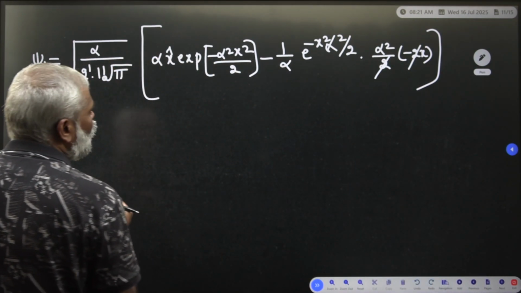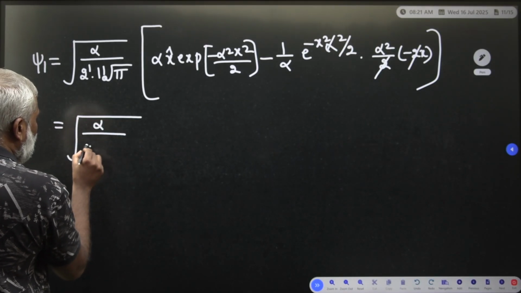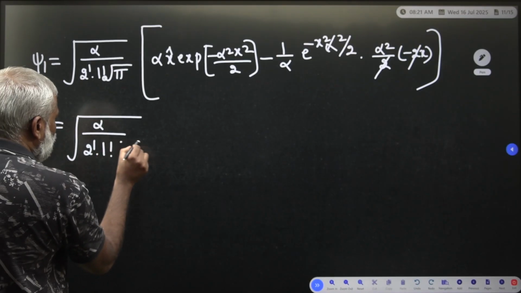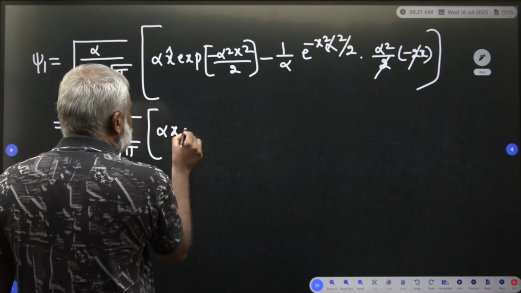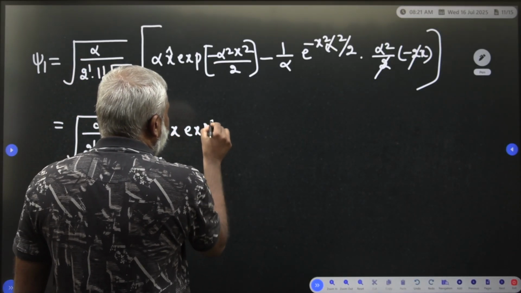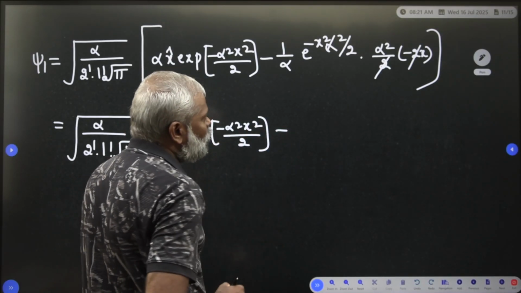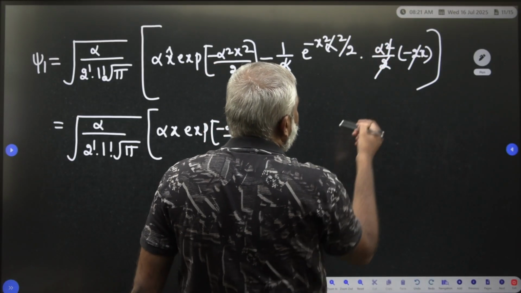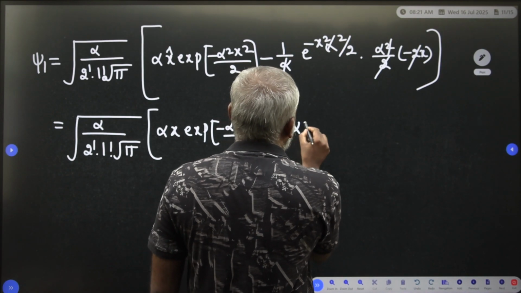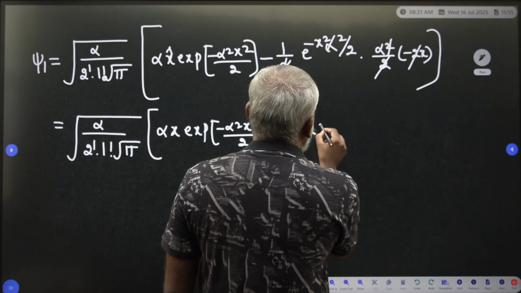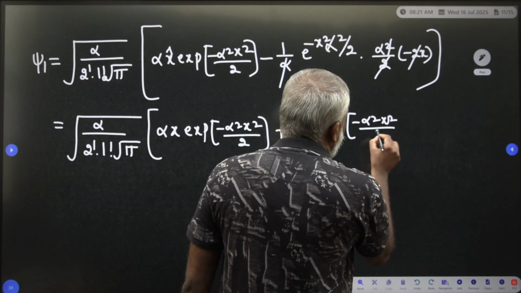So therefore alpha divided by 2 to the power of 1 into 1 factorial into root pi, you are going to get alpha x exponential of minus alpha square x square divided by 2 into, alpha gets cancelled, minus into minus is plus, so you are going to get plus alpha x exponential of minus alpha square x square divided by 2.